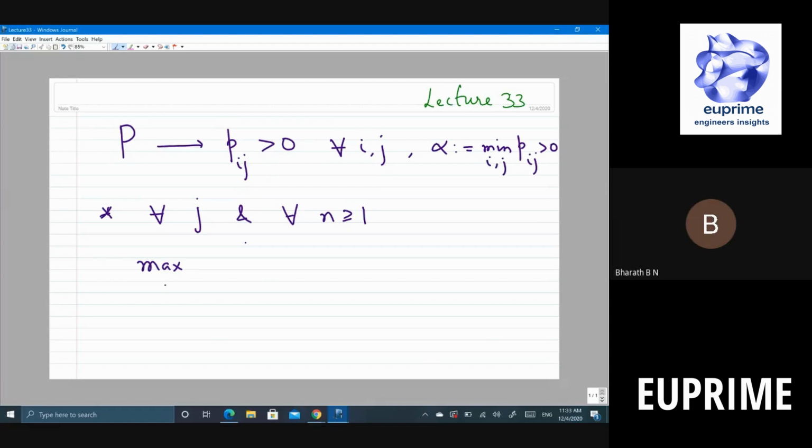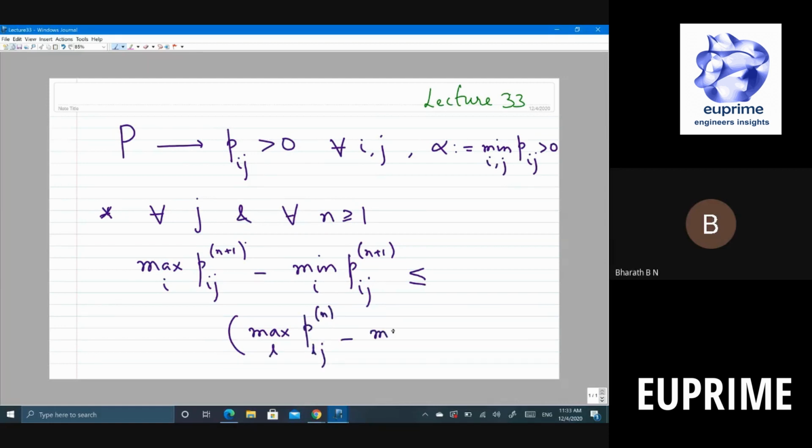The max over all i of Pij in n plus 1 steps, minus the minimum over all i of Pij in n plus 1 steps, is less than or equal to the max over all l of Plj in n steps minus the minimum over all l of Plj in n steps, times 1 minus 2 alpha.